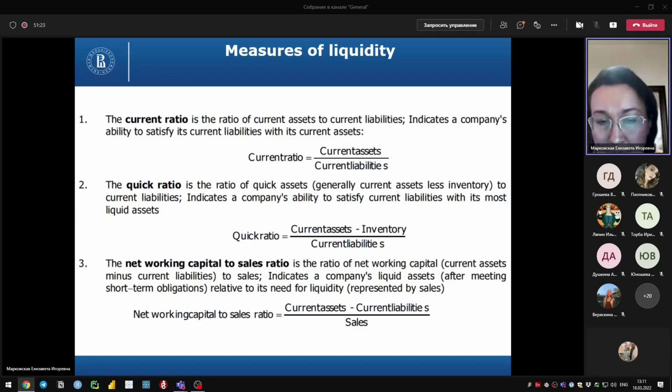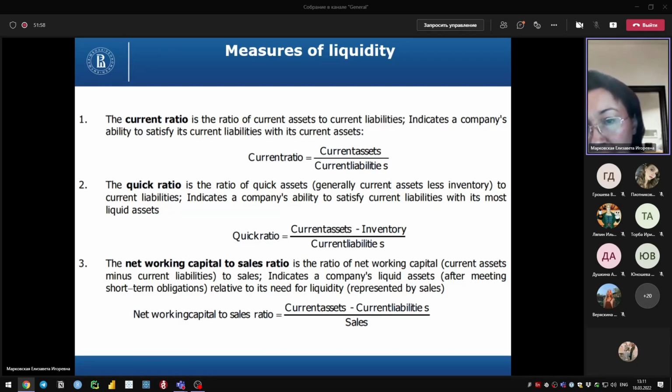On this slide, you can see the formulas. The current ratio is the relation of current assets to current liabilities. The quick ratio is current assets minus inventory to current liabilities. And for the net working capital to sales ratio, at first we have to find the difference between the current assets and current liabilities. That is net working capital, and then find the relation of net working capital to sales.